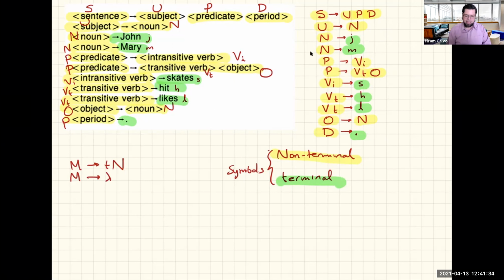So what we have here is a way of writing these rules, and all rules should be only of this kind or this kind. We can say that this is the canonical way to write a grammar.